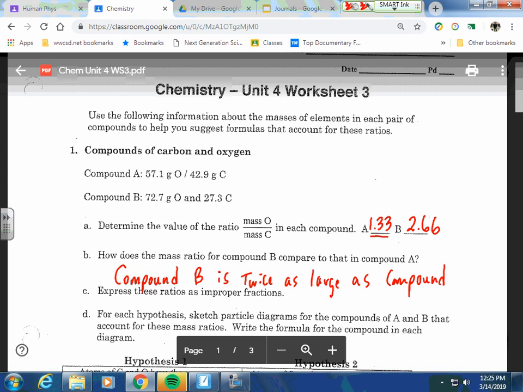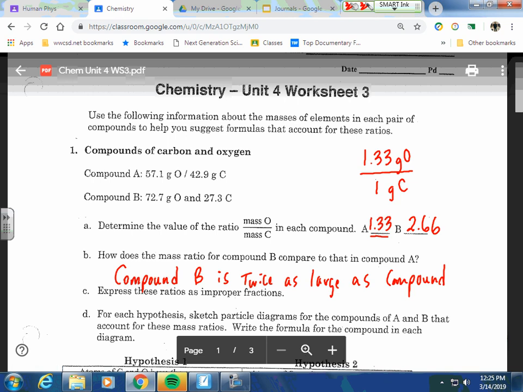All right, so letter C says express these ratios as improper fractions. So when we found this ratio 1.33, really what that's saying is 1.33 grams of oxygen per 1 gram of carbon. That's what we really found out. But now, to write an improper fraction, what we want is, if you remember, things combining in simple whole number ratios. Is 1.33 a whole number?